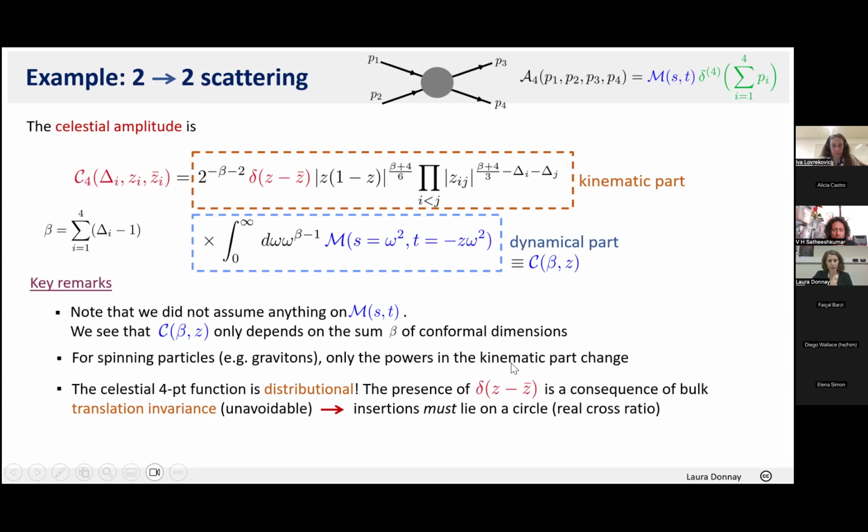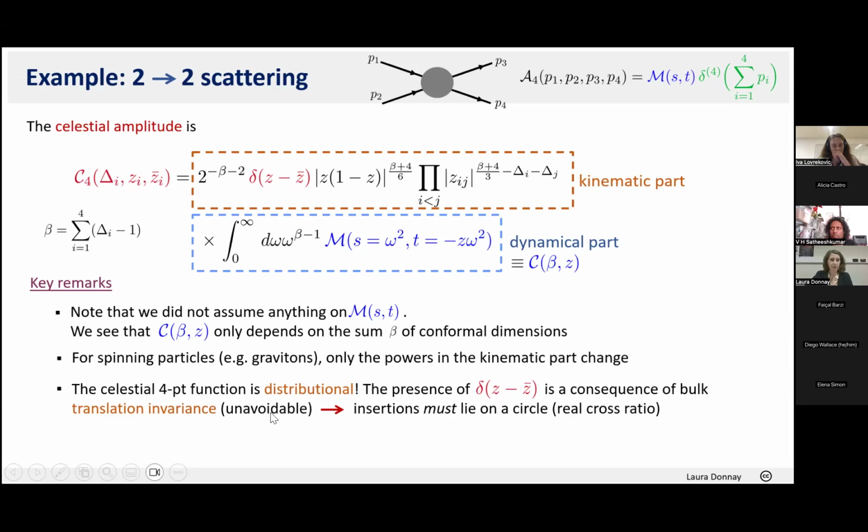And another point that I want to emphasize is that, as we can see, the 4-point function involves this delta function of the cross ratio here. This might not be totally obvious. Well, yes, in a sense, because the presence of this delta function was just coming from the momentum conservation. So in other words, the presence of these distributions is just a consequence of translation invariance in the bulk.